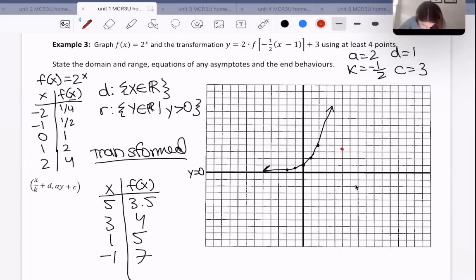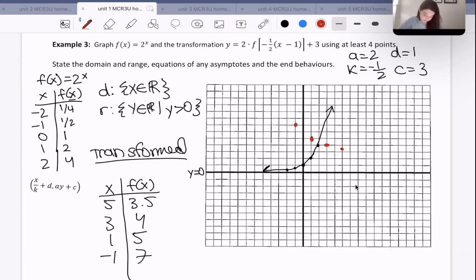So let's plot these points as we normally would. And that should be here. Negative 1, 7.